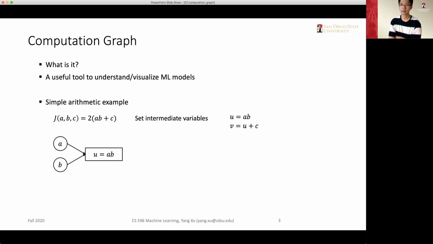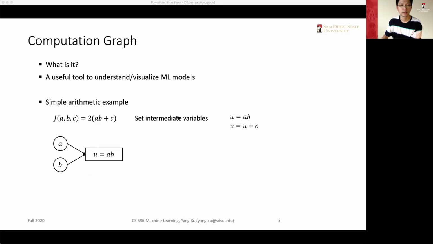That's the first step, a times b, the first graph we have drawn. This part is what we call a computation graph, but so far it is a subgraph. The complete graph for the task is not done yet.